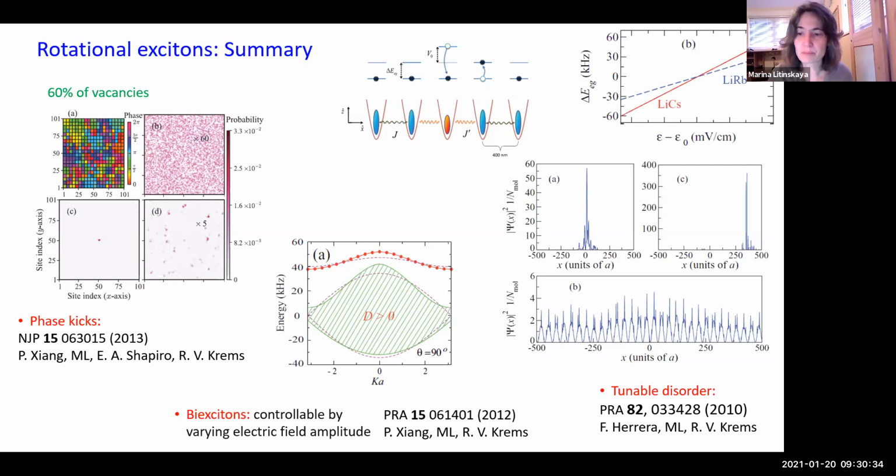My personal conclusion is that an optical lattice is probably not the ideal platform for these rotational excitons, these controllable excitons, because according to what I know, so far we are not close to filling factors close to 1, and there are technical difficulties in achieving them.